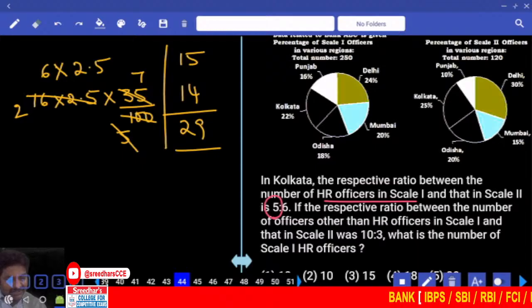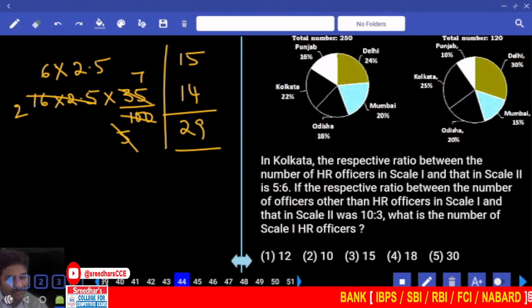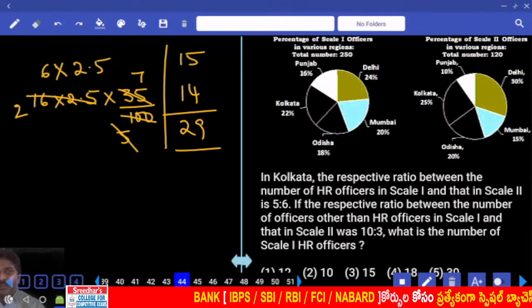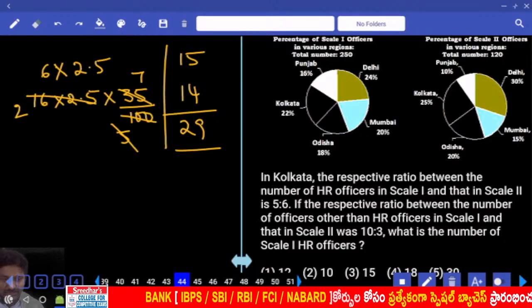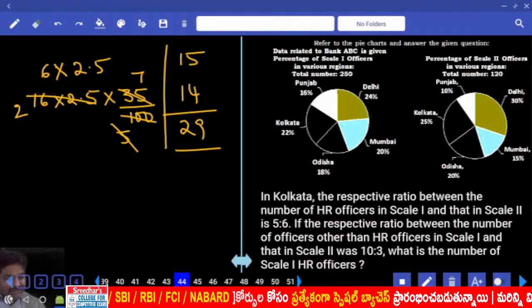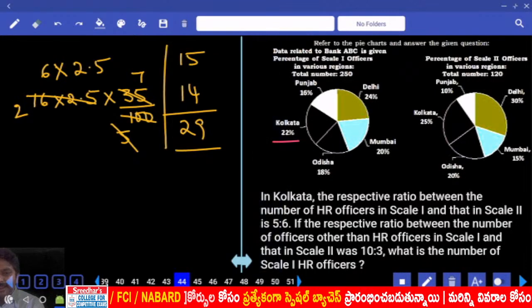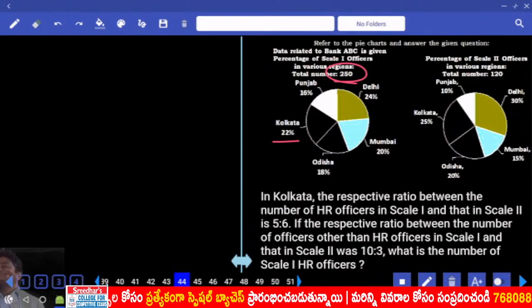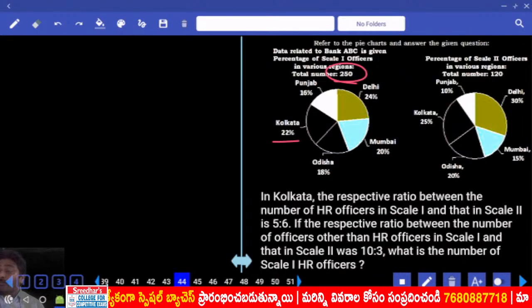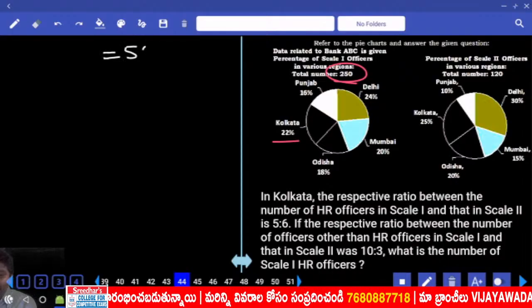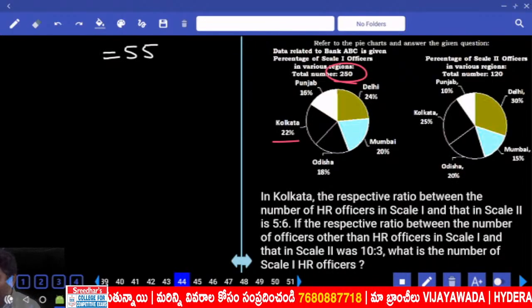How many options are there? Come on, 3 options are there, right? If there were 2 options, probably we would have tried the verification method. Because 3 are there, let us do it. Which city? Kolkata. Kolkata scale 1 is 22%, right? What is 10%? 20%? 5%? 5. Then 55 total scale 1 officers are there.